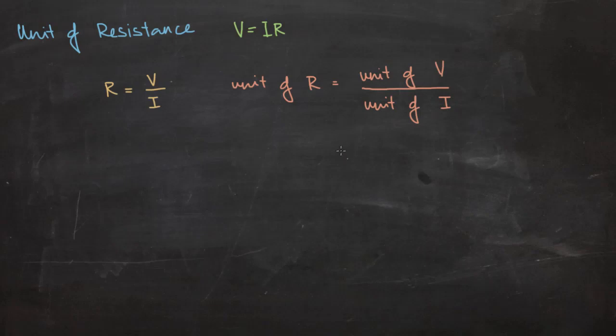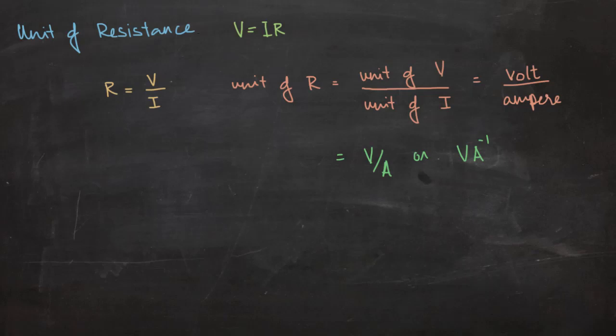We have seen that the unit of potential difference is volt, while the unit of current is ampere. This can be written in short form as volt per ampere or volt ampere inverse.